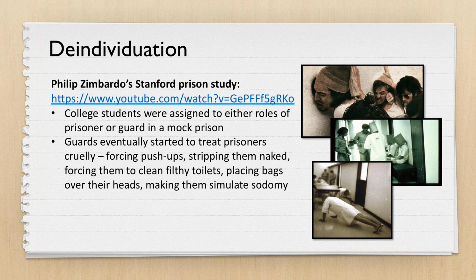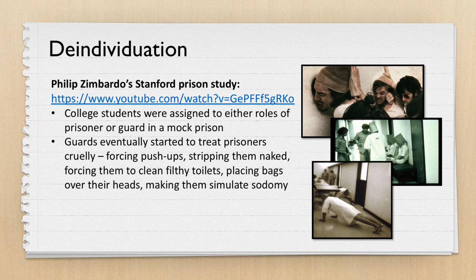These are all pictures from the experiment. Remember, these people are all Stanford undergraduate students. So this study shows how quickly people can adopt the roles they are required to adopt. It also shows what kind of behaviors we can engage in when we are stripped of our own identities.